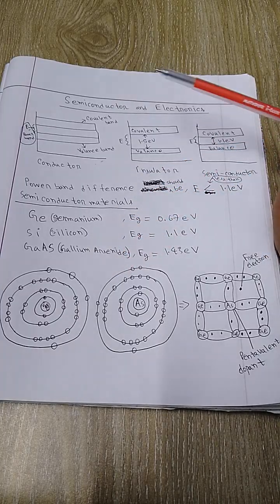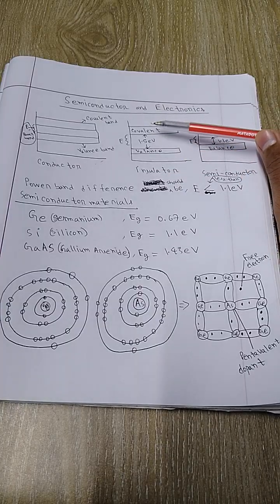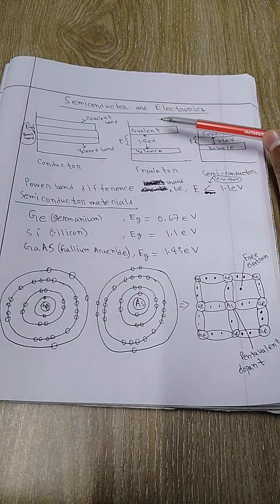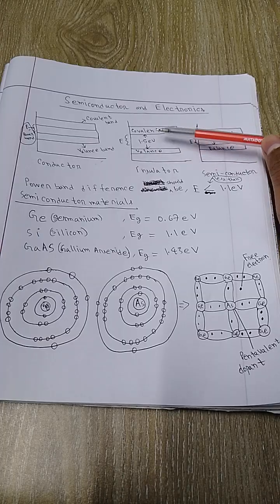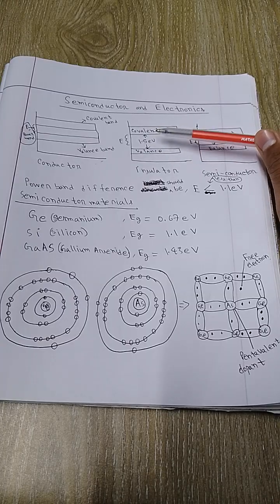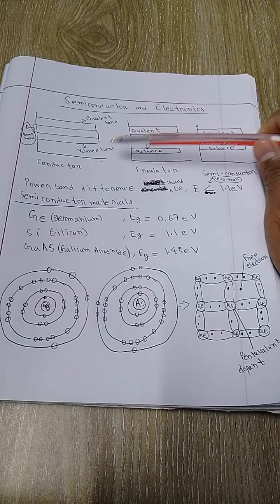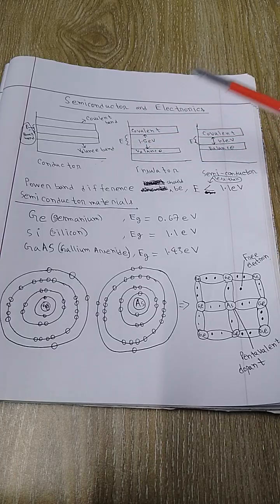Then we will move to the insulator part. The insulator shows a difference between the conduction band and the valence band. It will not conduct electricity, but the conductor part will conduct electricity.